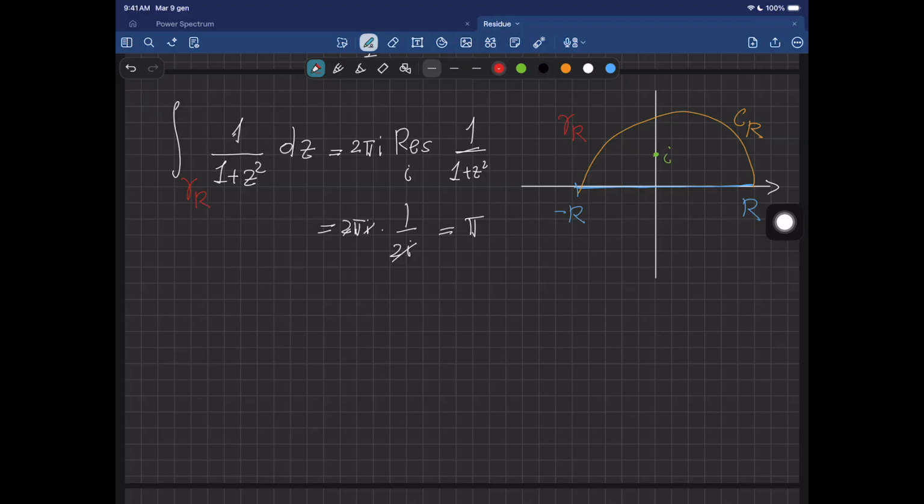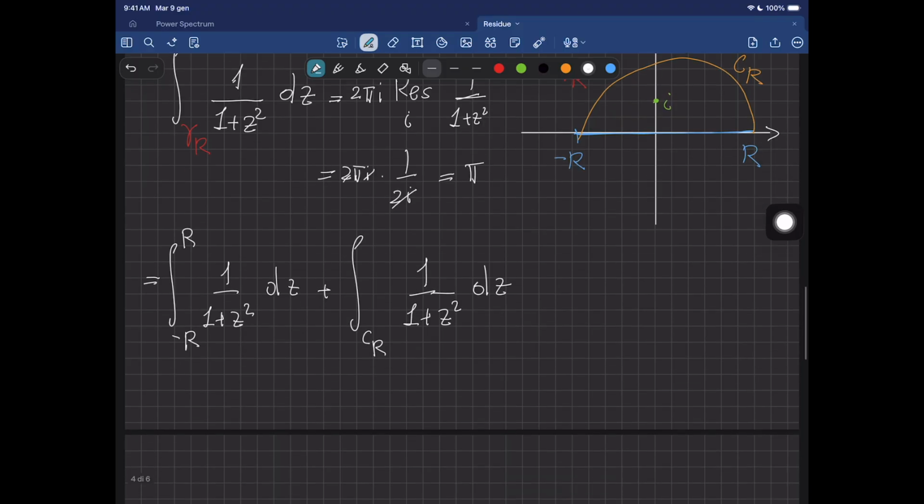Now, this integral over omega R, which is all this contour, we can also compute in another way. It is composed of two parts. One is the integral between negative R and R of 1 over 1 plus z squared dz, plus the integral over the circle C_R of 1 over 1 plus z squared dz. Now, let's notice something.